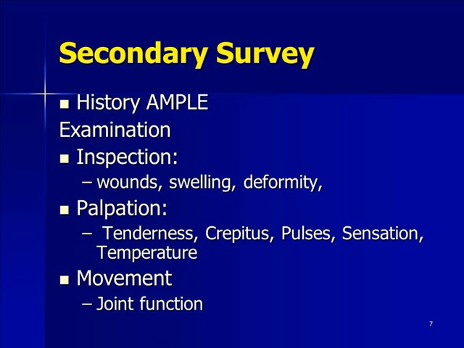An injury when the extremity is cold might imply that vascular supply is compromised. And we also check movements, normal movements at the joints, and also abnormal movements, which might indicate fractures.